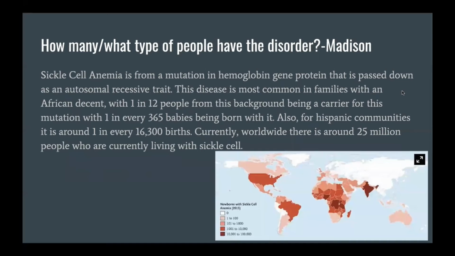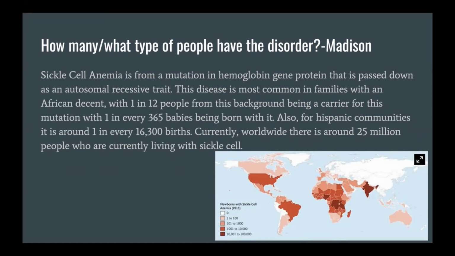What type of people have this disorder? Sickle cell anemia is from a mutation in the hemoglobin gene protein that is passed down as an autosomal recessive trait. This disease is most common in families of African descent, with 1 in every 12 people from this background being a carrier for this mutation, and with 1 in every 365 babies being born with it.